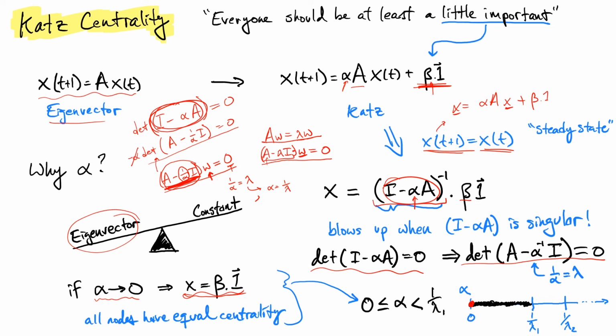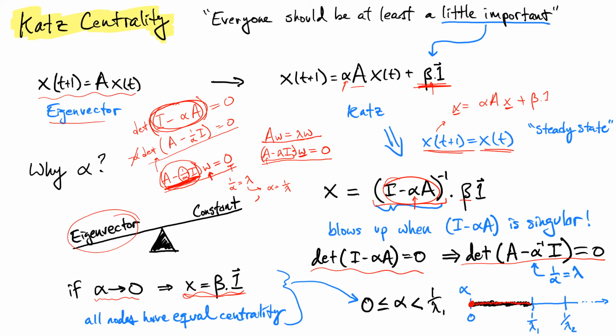And now what we're going to do is we're just going to keep increasing alpha until we get to the point where we hit that first eigenvalue, or 1 over that first eigenvalue. And so which one comes first? If lambda 1 is the biggest, then 1 over lambda 1 is the smallest value. And so that becomes the first one that we hit as we move away from 0.